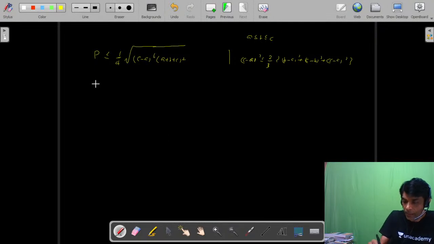So I can combine them and write p less than or equal to 1/4 of c minus a whole to the 6.